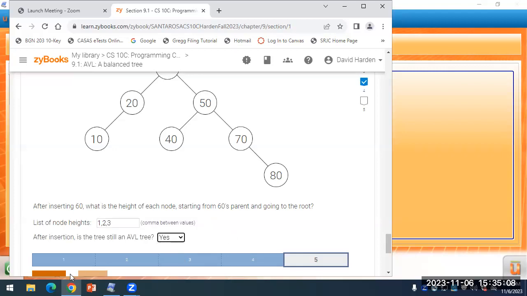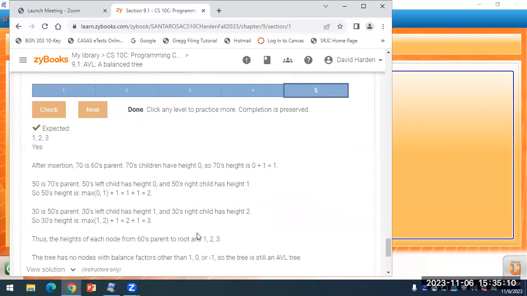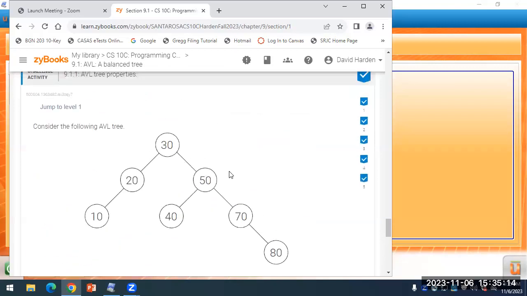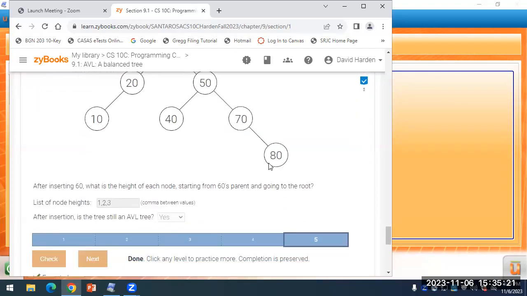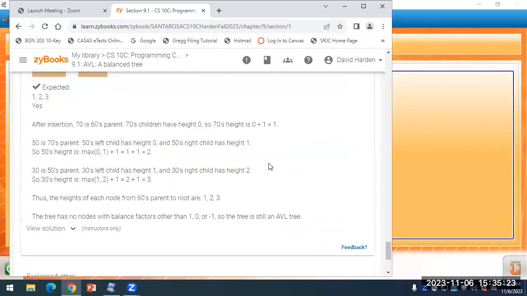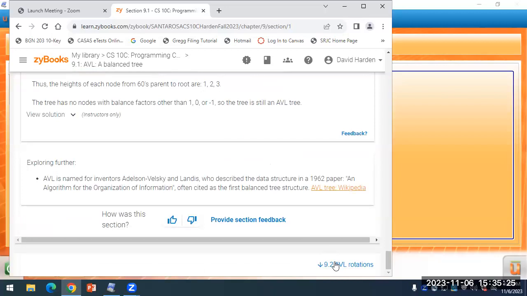Yeah. All right. Okay. All right, so that's the introduction to AVL trees and sort of what it means to be balanced, what it means to actually meet the definition of an AVL tree.